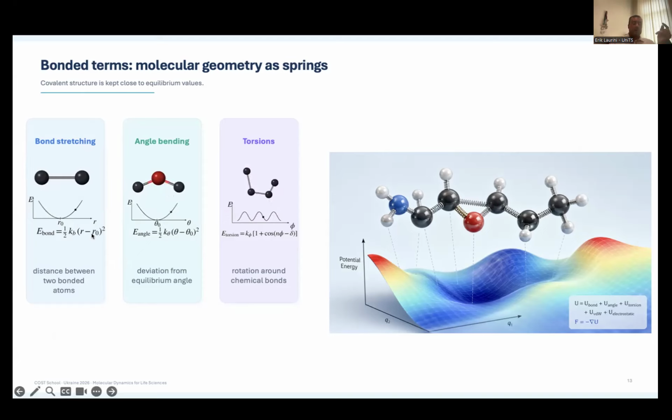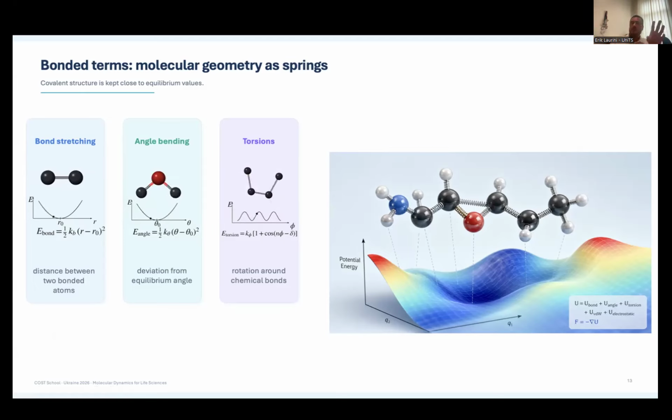So we will have a different Kb or R0, the equilibrium distance, on the basis of which atom types are involved in this specific bond. R obviously is the variable that could vary during the molecular dynamics simulation. With the same concept, you can also understand the angle bending and the torsion movement.